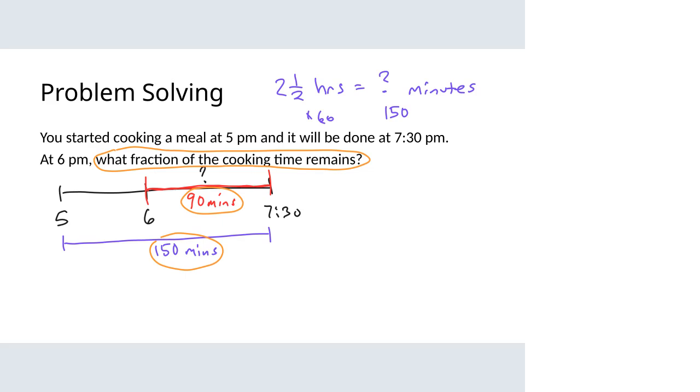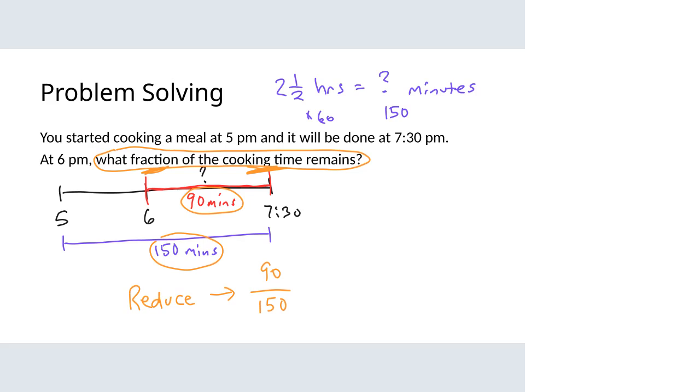So essentially what we've got here is we're going to create a fraction that is 90 over 150. This is the fraction of the cooking time that remains. There's 90 minutes left. That's the fraction of the entire cooking time. That's 150. So 90 of the 150 minutes remains, and all we need to do is reduce that fraction. That's it.